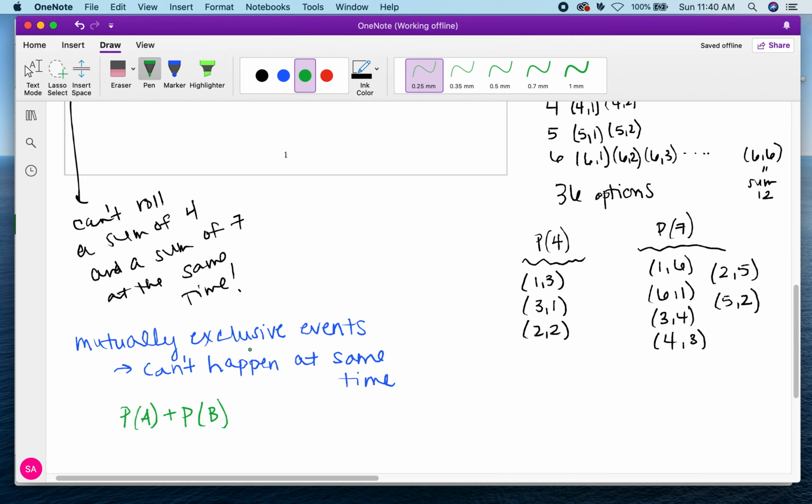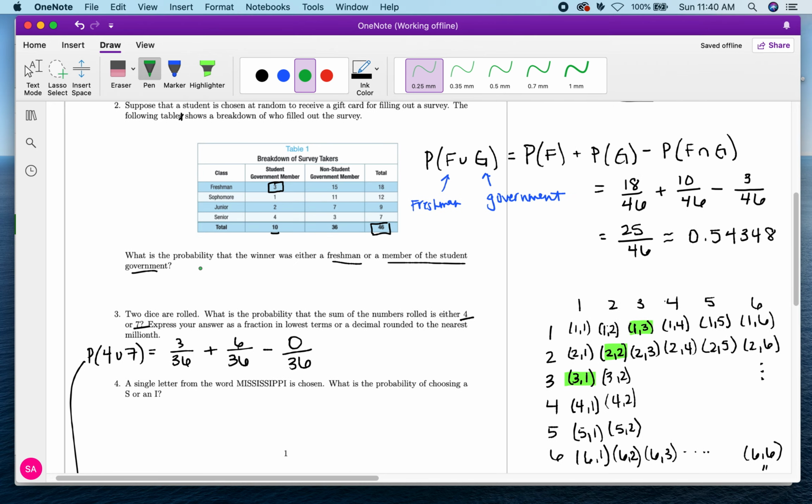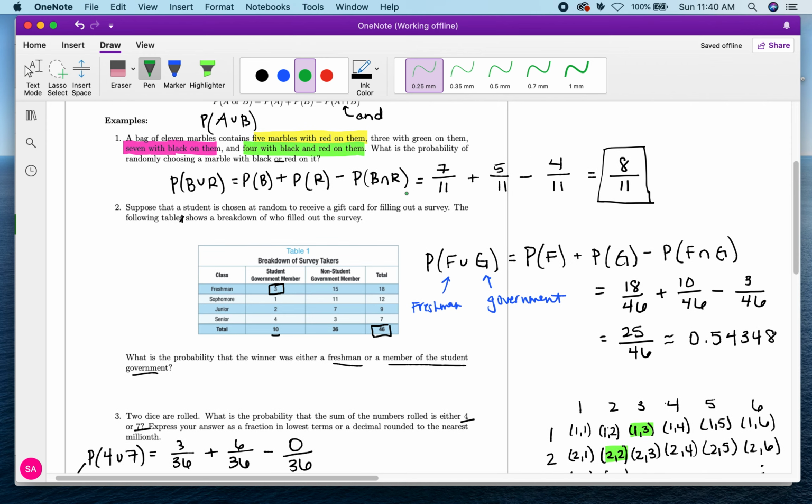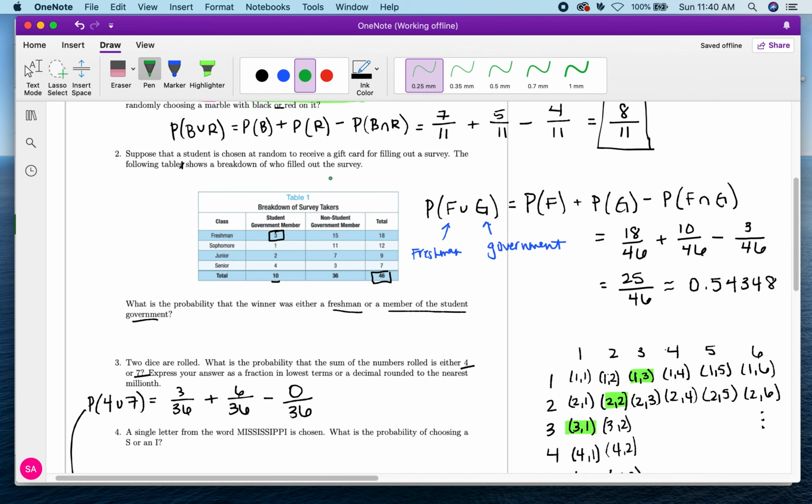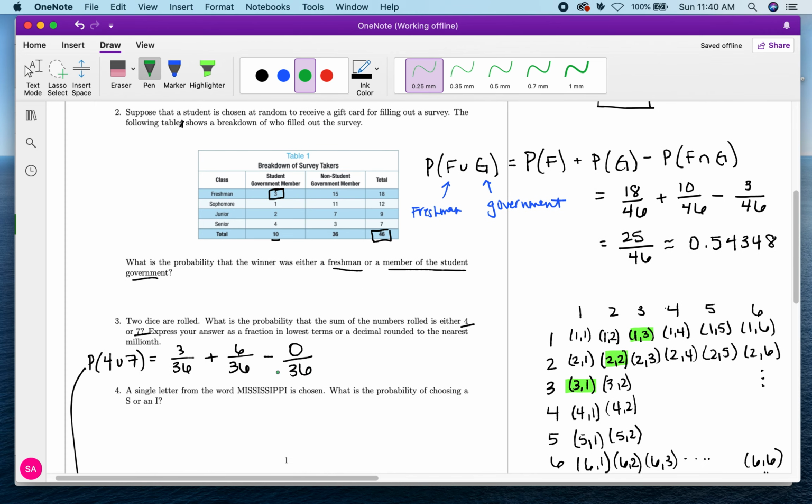But instead of memorizing a new formula, we're still using this original formula up here, right? It's just there's nothing in common. The probability of those 2 events happening together is 0. So you can exactly think of it just like this. We're just subtracting 0 because there's nothing in common.